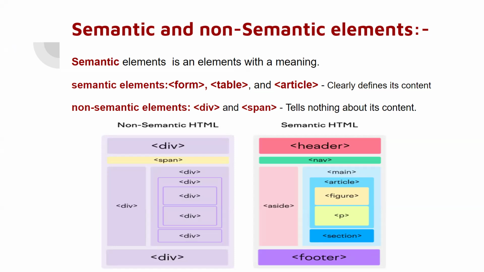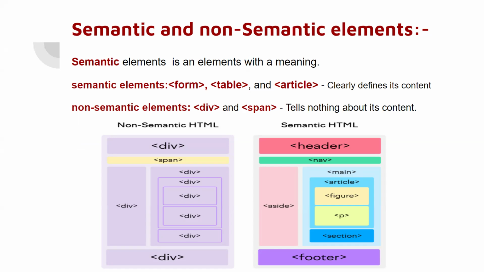They describe the entire structure of the web page as well. First it starts from the header, then the navbar, and inside we can write aside, and on the right side we can write main, article, figure, paragraph, and section, and finally we write the footer. So each and every element has some meaning.